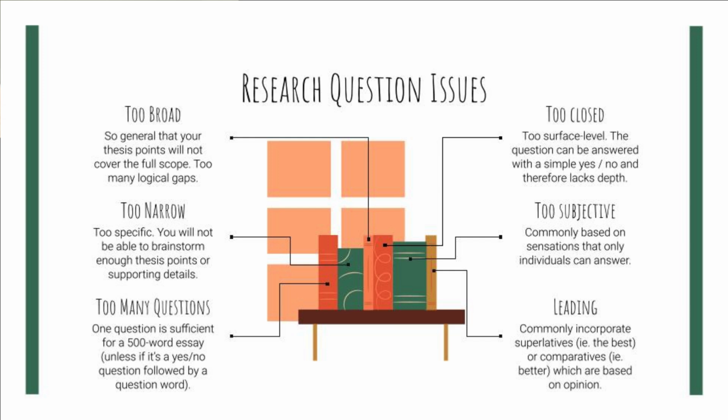Next, too subjective or just subjective in general. The tricky thing with subjectivity is that your writing is always going to be subjective to a point. We're trying to mix subjectivity, your opinion, your personal voice, with a bit of distance and objectivity and the academic tone.